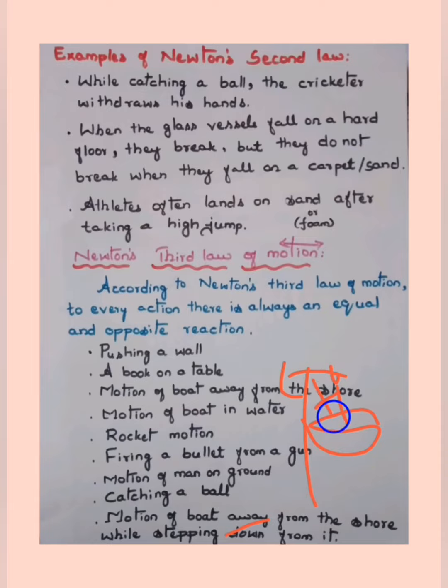So if he exerts a force of action on the boat, he will come out of the boat, that is the reaction. Thus the boat tends to leave the shore due to the force of action. This man exerts the action towards this side, so the boat moves away, that is the reaction. Okay, I hope it's clear.